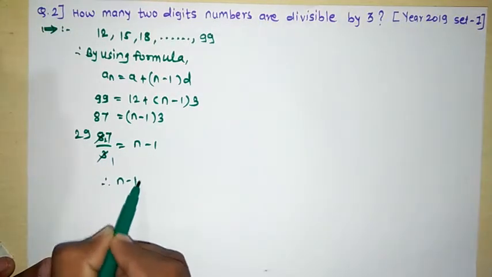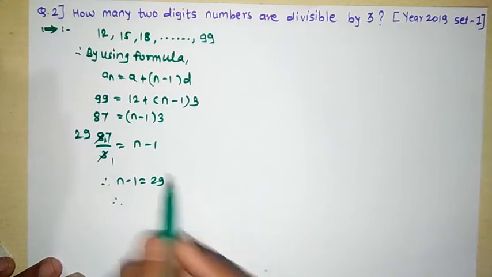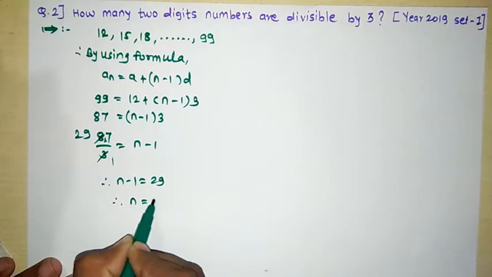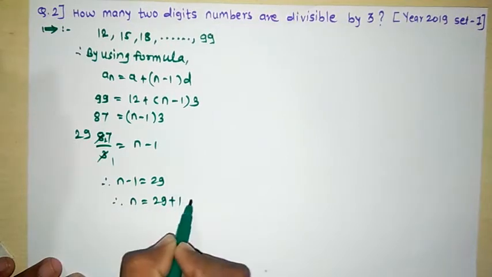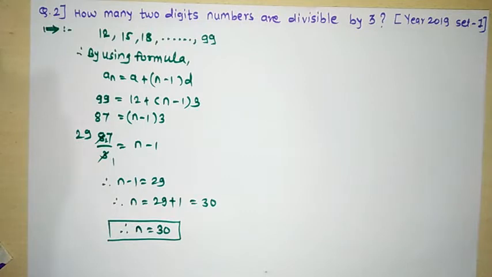Therefore n minus 1 is equal to 29. Therefore we send this minus 1 towards the right hand side. Therefore n is equal to 29 plus 1, which is equal to 30. Now we got n is equal to 30. From this we can say that there are 30 two-digit numbers which are divisible by 3.